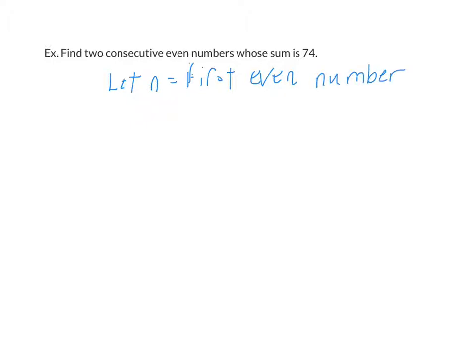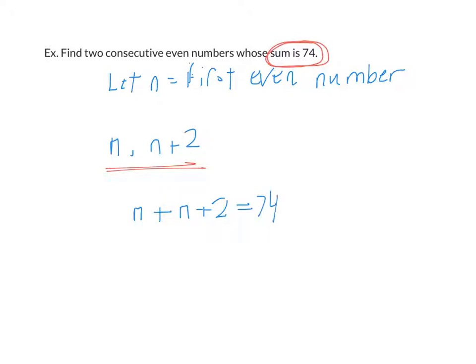Okay, if that's the case, then the next consecutive even number would be n plus 2. In the problem, it says it's a sum. So since I'm finding a sum, I'm going to add those two numbers together. Their total should be 74. So n plus n plus 2 equals 74.